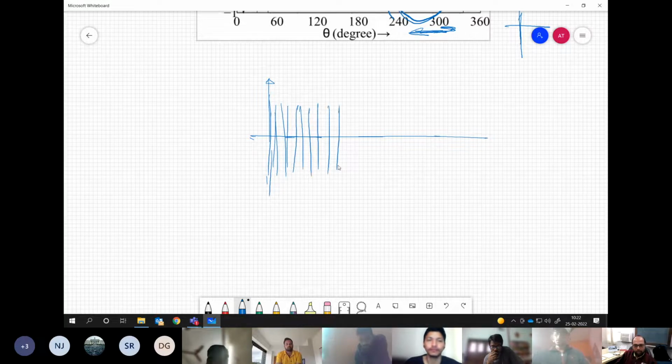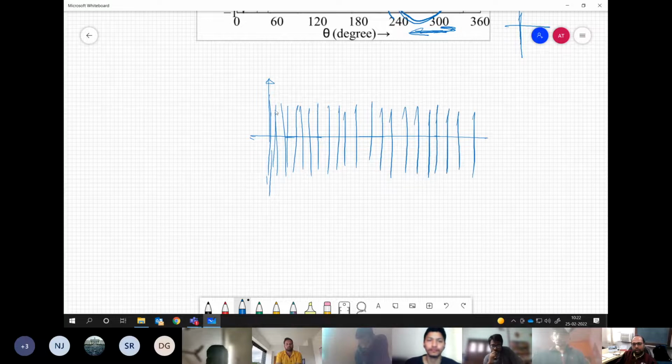The whole waveform will have switchings like this, correct? And it will keep going. Now when you try to have a modulating signal, let us say more than 1, say m equal to 1.2 or so, what will happen?